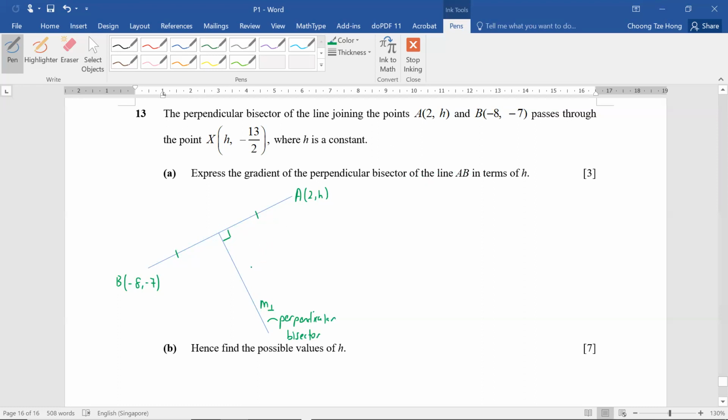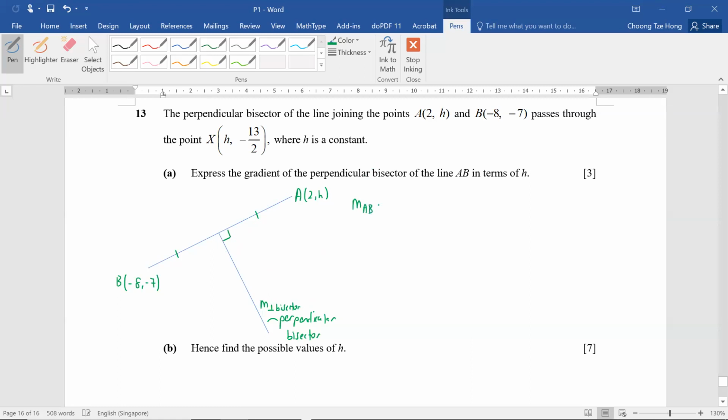Since the perpendicular bisector is perpendicular to the line AB, the product of their gradients is going to be equal to -1. So that's precisely what we are going to do to find the gradient of the perpendicular bisector. Let's find the gradient of AB first.